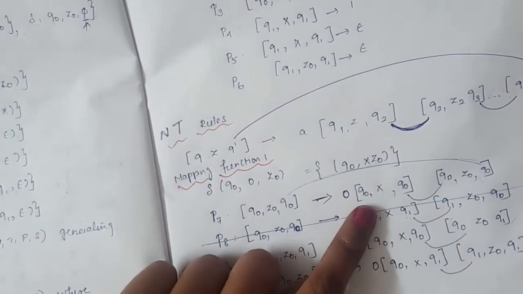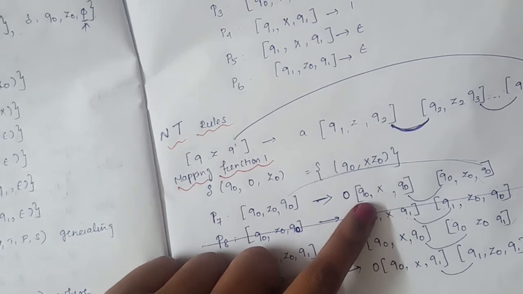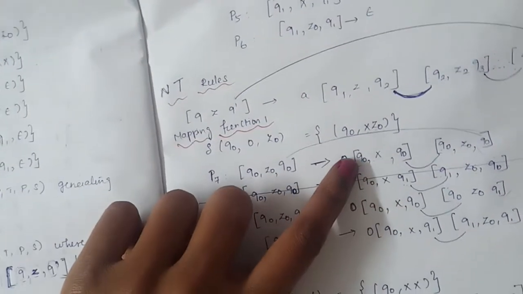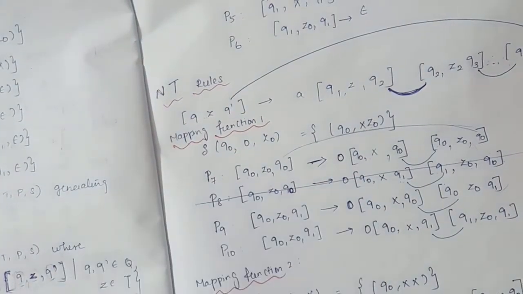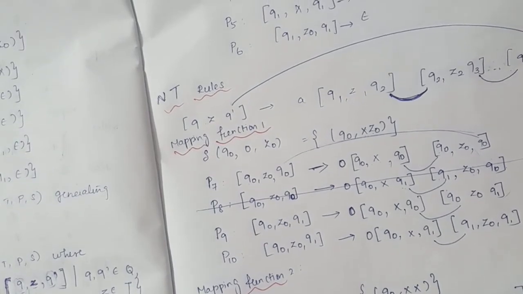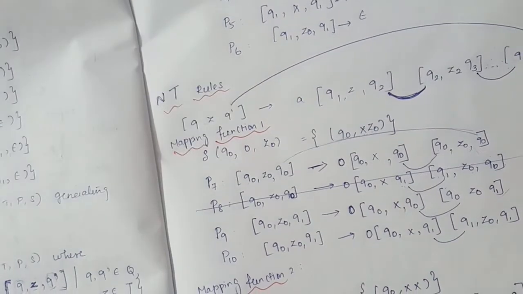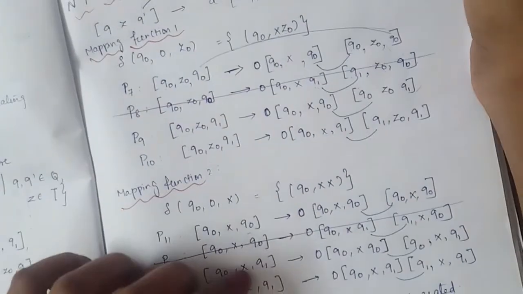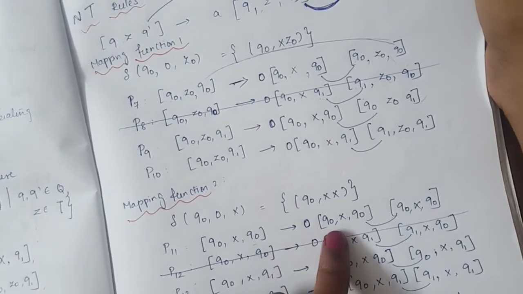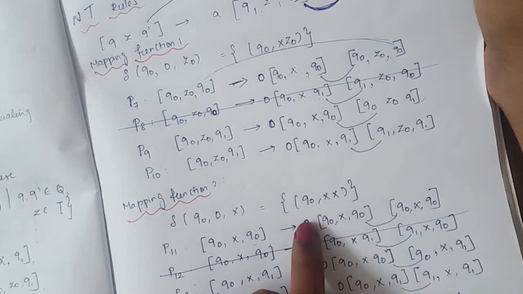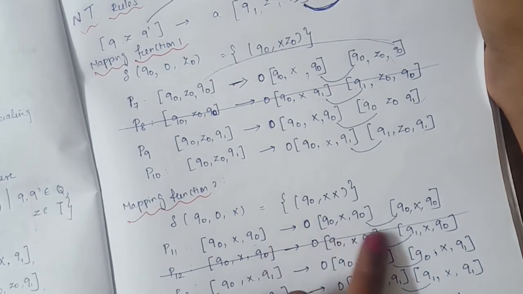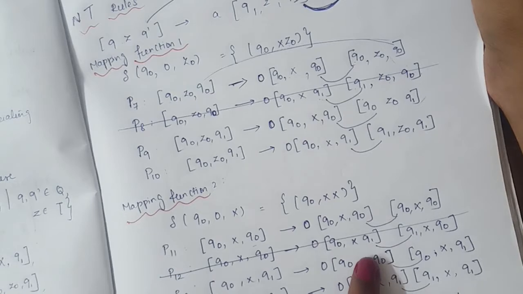So wherever this particular rule q0 x q0 occurs, it generates q0 x q0 again, and again, but it does not produce a terminal string. Here it again generates its own term, q0 x q0, but it does not produce any terminal string.